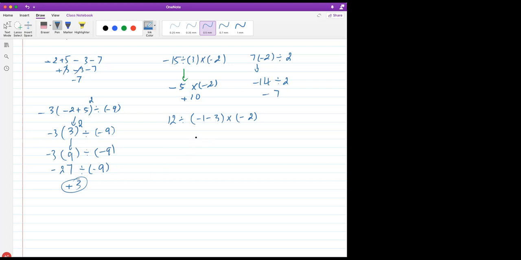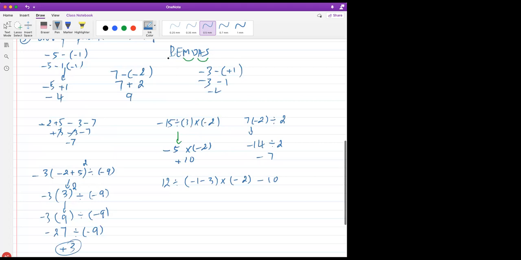Okay, so we have all this. You may even add something here. Let's add another number here. All right, so a lot going on here, a lot of signs. It is the order of operations. What's the very first thing you do?